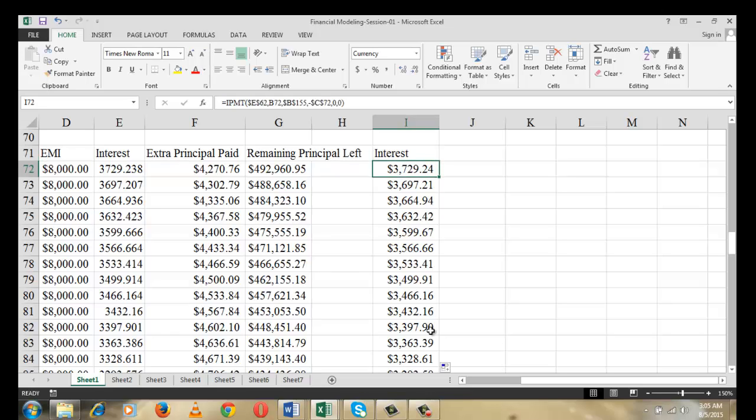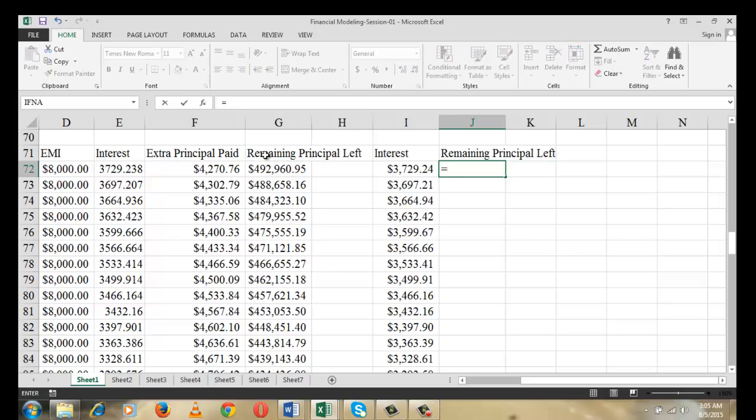So you can calculate your IPMT by using this formula. The remaining principal left, what you got, you can calculate by using the PPMT formula.